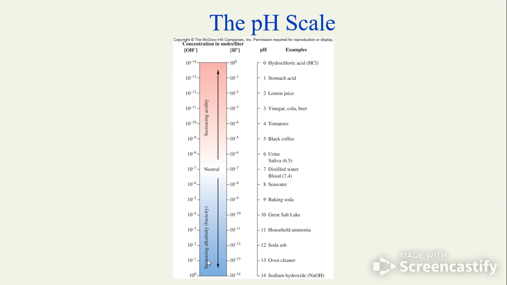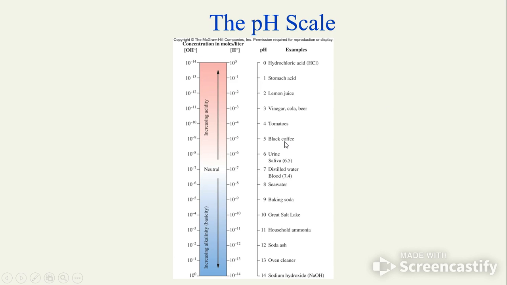Now this is an example of the common stuff we use in our daily lives and their respective pH values. You can see hydrochloric acid is the most acidic here with pH 0, and sodium hydroxide the most basic with pH equals 14.